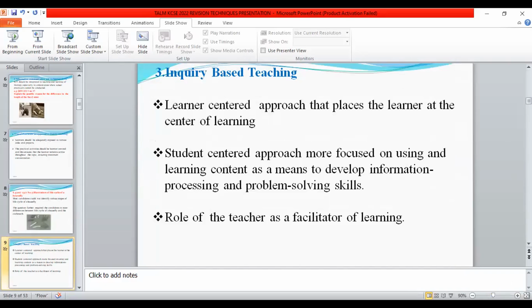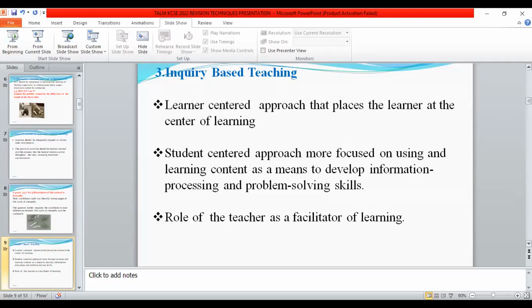whereby in inquiry-based teaching, this methodology normally places students' questions, ideas, and observations at the center of the learning experience. It is a student-centered approach, which is more focused on using and learning content as a means to develop information processing and problem-solving skills. The work of the teacher is that of a facilitator.